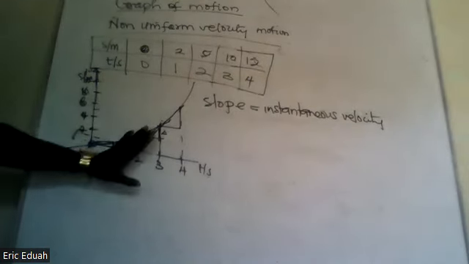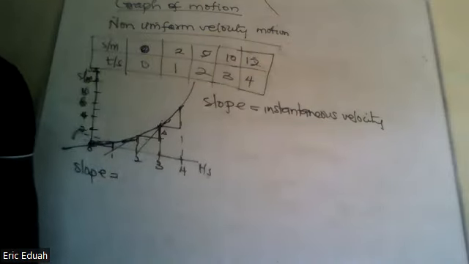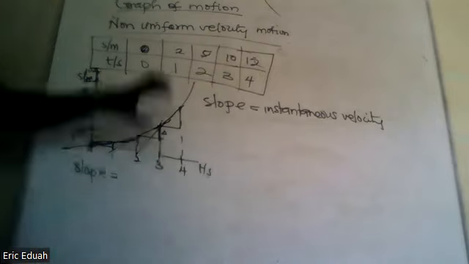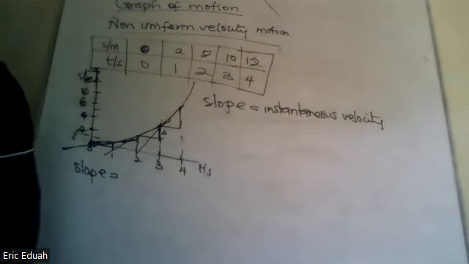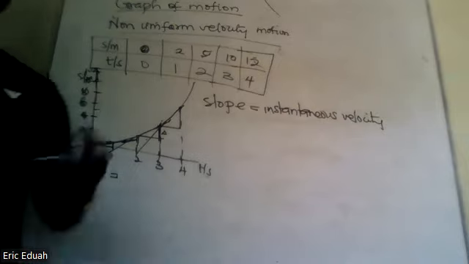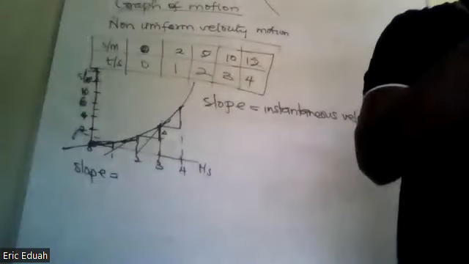The time interval can be uniform or non-uniform, but the distance is always non-uniform. If the time is not uniform, will it still give you a curve? Yes. You can only determine velocity within a particular time interval or instant.